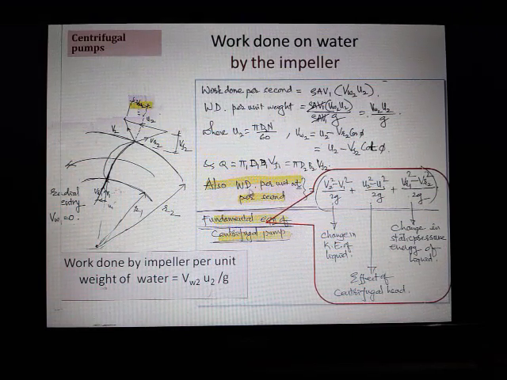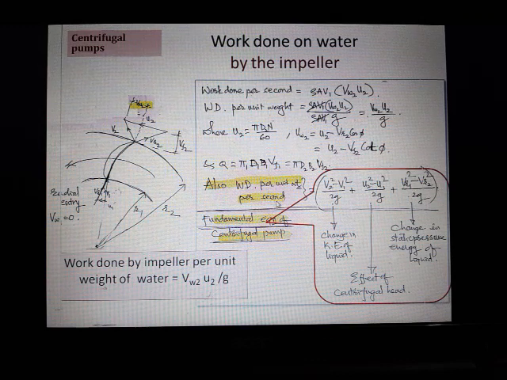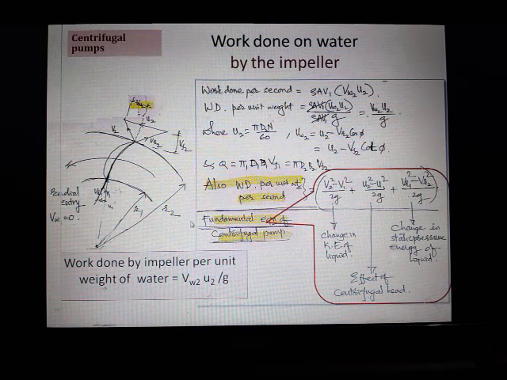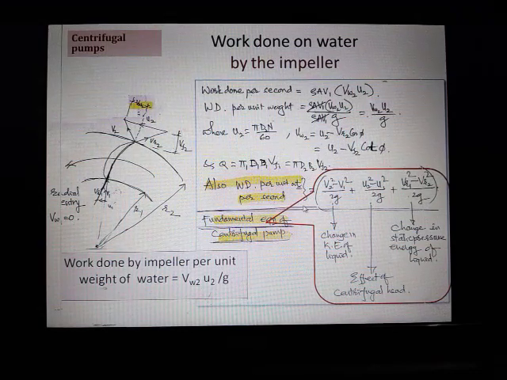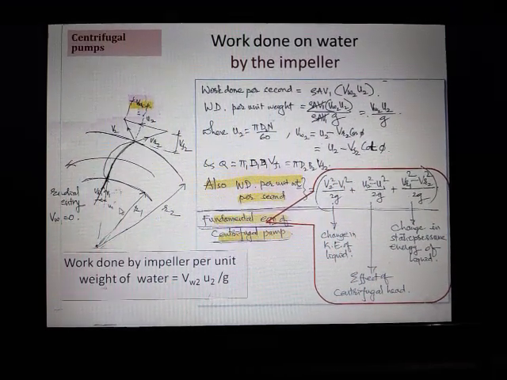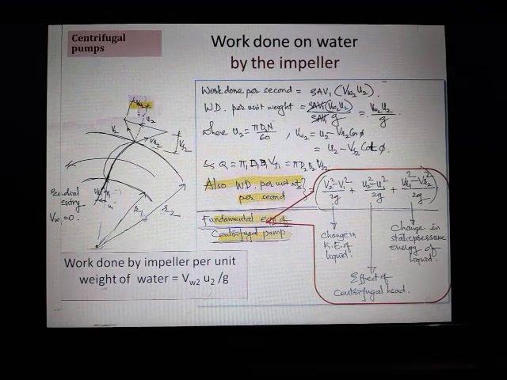Now also the work done per unit weight per second is given by this equation, which is known as the fundamental equation of centrifugal pump. Look at this, there are three parts in it, because when the impeller works on water, the earlier velocity v1 gets to v2.